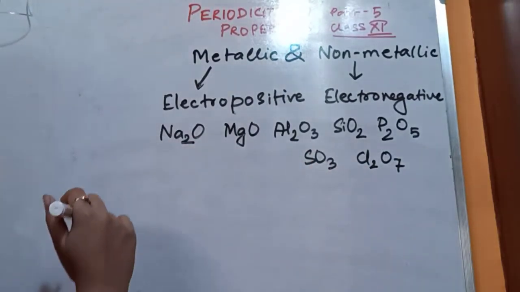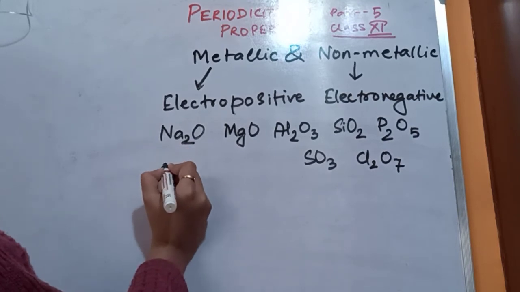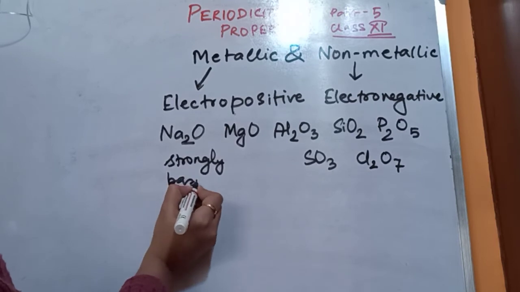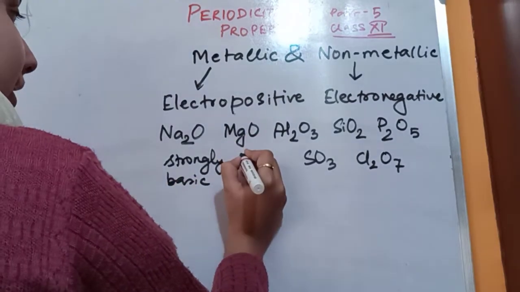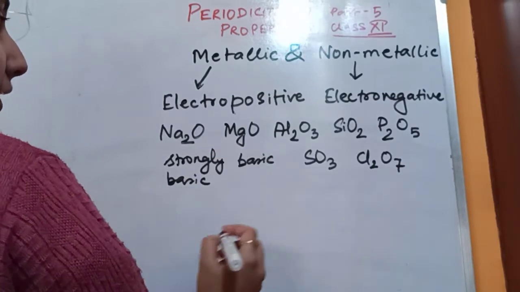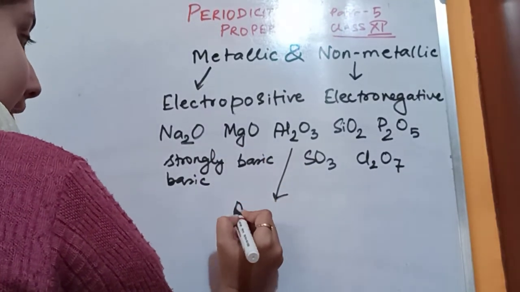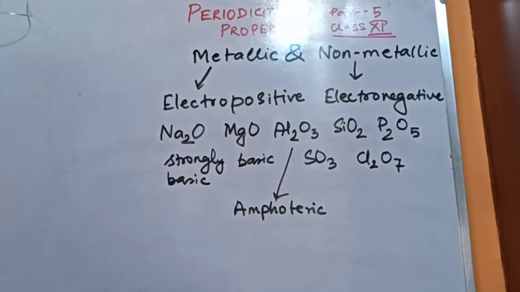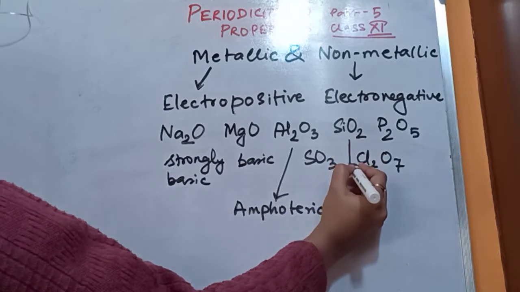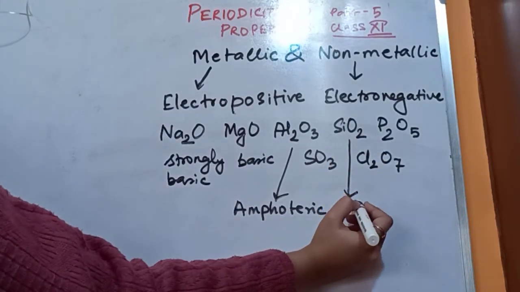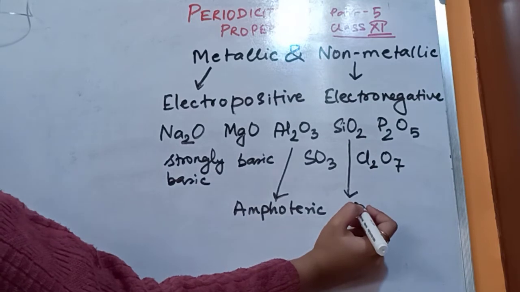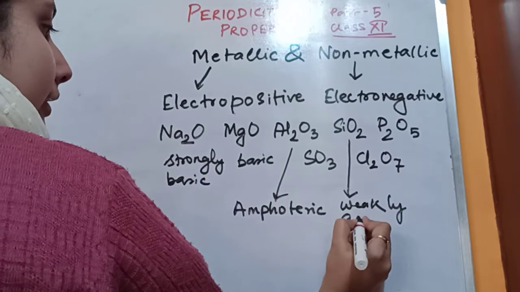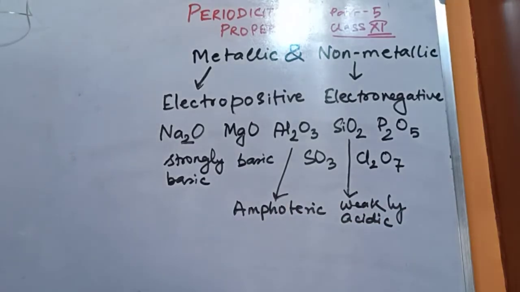Okay, look at the oxides. It is observed that sodium oxide is strongly basic. Magnesium oxide is basic. Aluminium oxide is amphoteric. Silicon oxide is slightly acidic, or you can say weakly acidic.